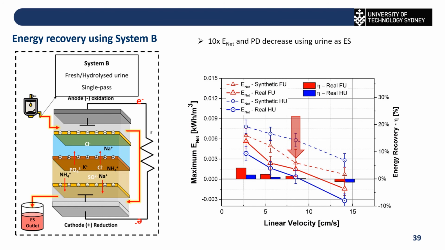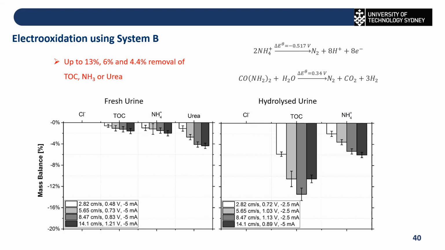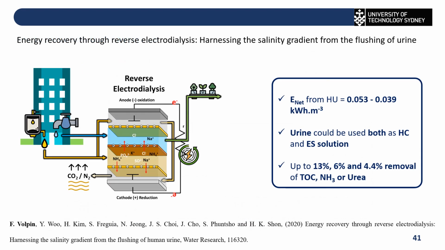The power density decreased using urine as the electrolyte solution. And with electrooxidation in system B, we found around 13%, 6%, and 4.4% removal of TOC, ammonia, and urea from this RED system. So our question can be answered.